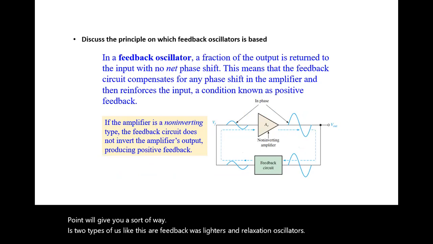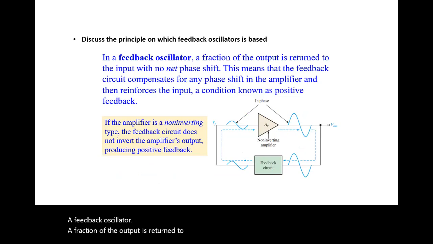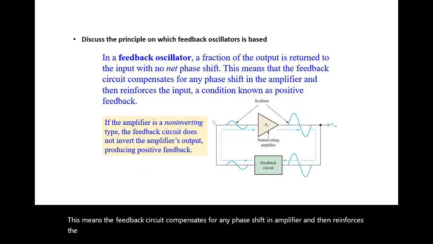Discuss the principle on which feedback oscillators are based. In a feedback oscillator, a fraction of the output is returned to the input with no net phase shift. This means that the feedback circuit compensates for any phase shift in the amplifier and then reinforces the input, a condition known as positive feedback.